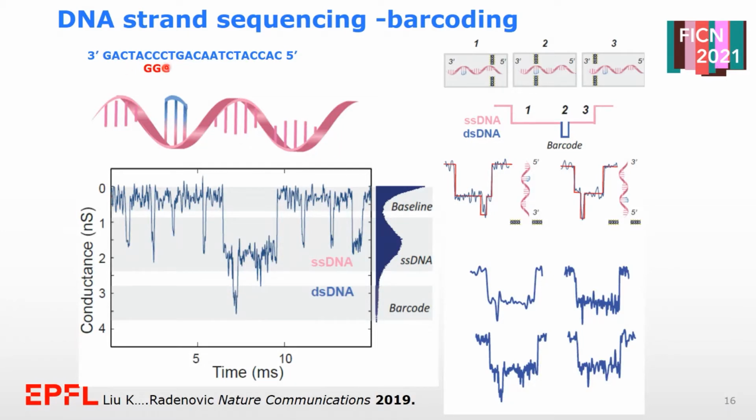And in order to create the smallest barcode that was stable, we used these 3Gs to hybridize to our 3Cs, positioned on a 24 nucleotide long piece of single-stranded DNA at a position that is a little bit off-center, also in order to discriminate the entrance of the DNA from a 3' to 5' or a 5' to 3' entry into the system. And this was indeed possible using our technology.